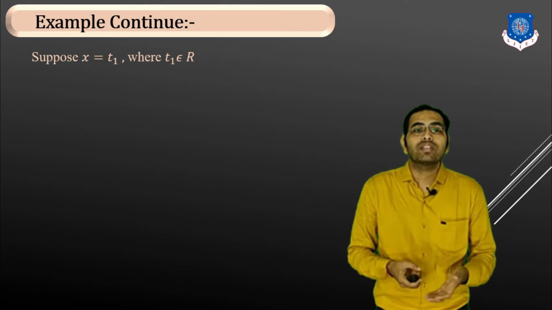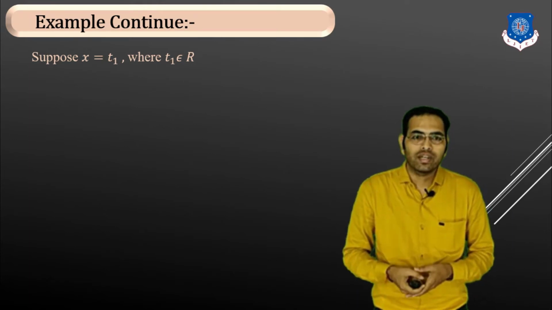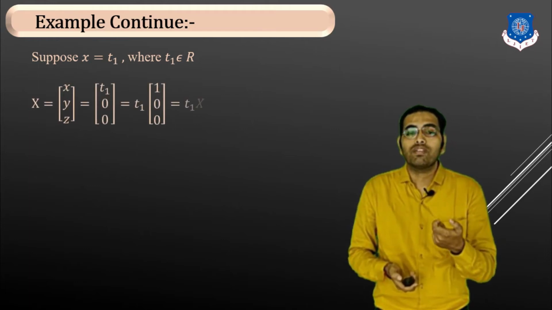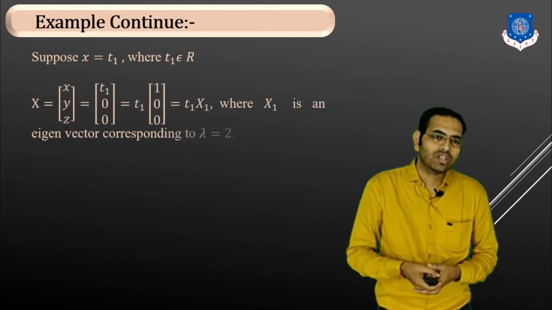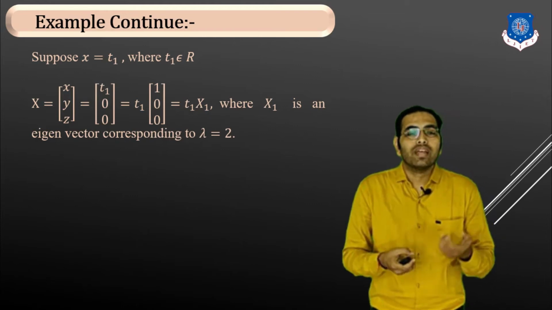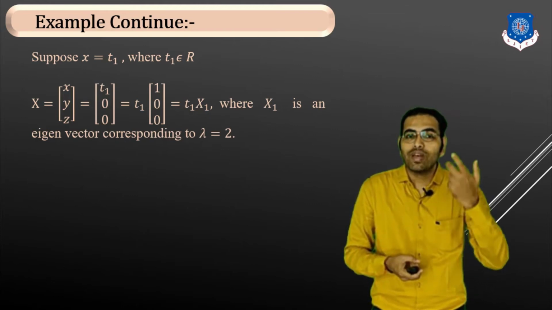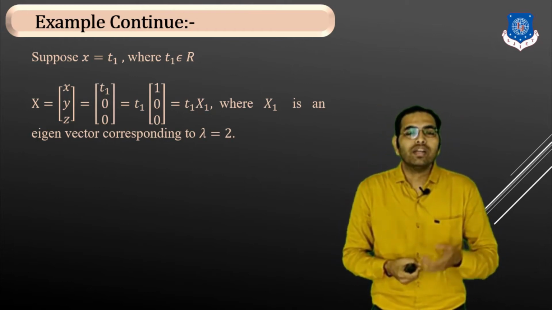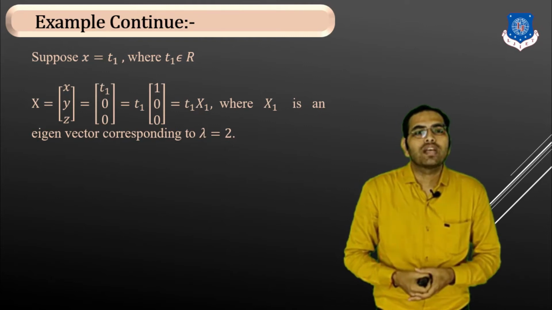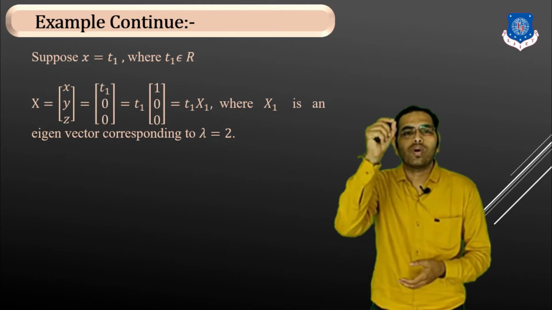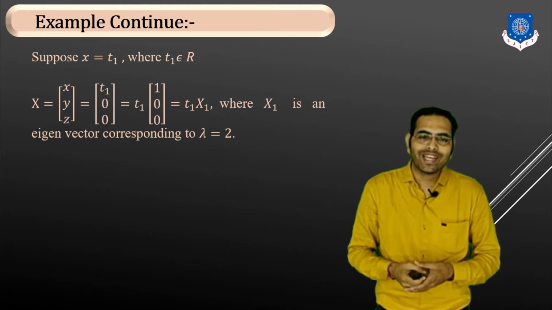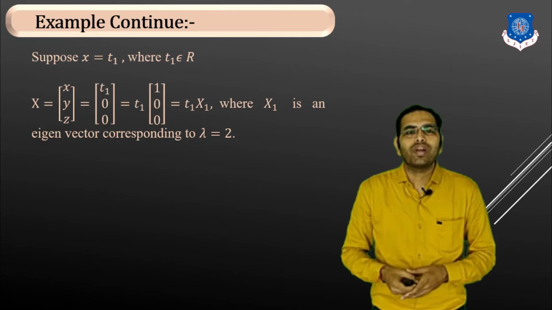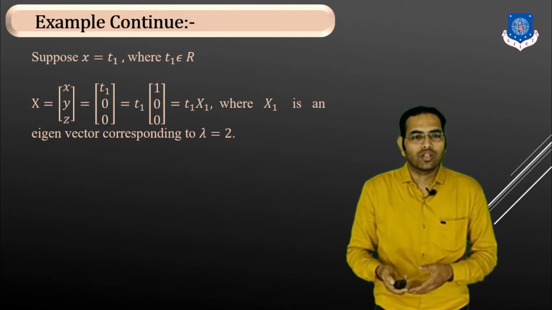Suppose x equals t1, where t1 belongs to R and t1 is any arbitrary constant. Then capital X, substituting these values of x, y, z in column form, is t1, 0, 0. Here t1 is common, so t1 into 1 0 0 equals t1 into X1, where X1 is a linearly independent eigenvector corresponding to the eigenvalue 2.